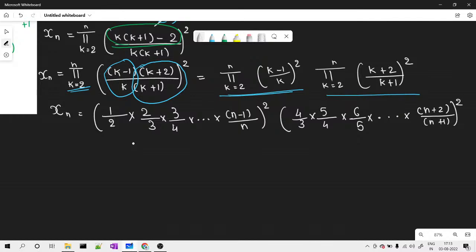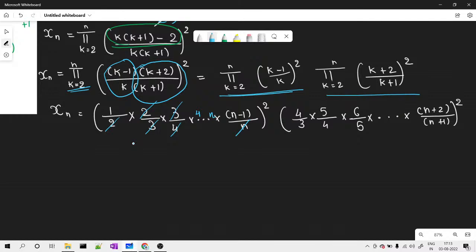As I said earlier, the terms will get cancelled. Let's see which terms are getting cancelled. In the first bracket, this 2 will get cancelled with this 2. This 3 will get cancelled with this 3. And this 4 will get cancelled with the 4 in the next term. Similarly, this n will get cancelled with the n over here. Right?